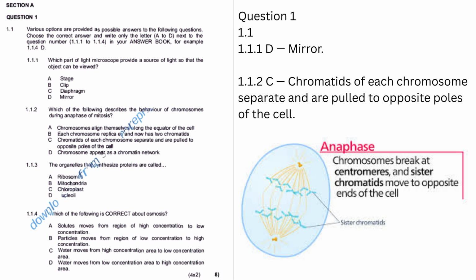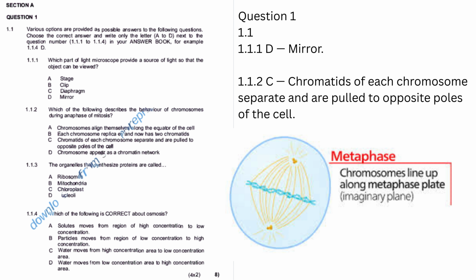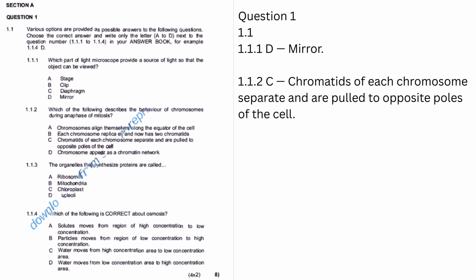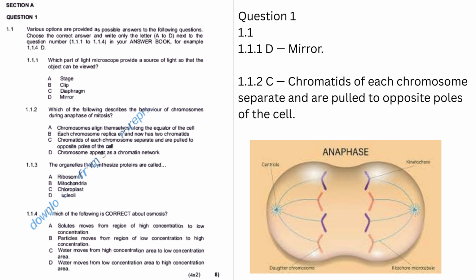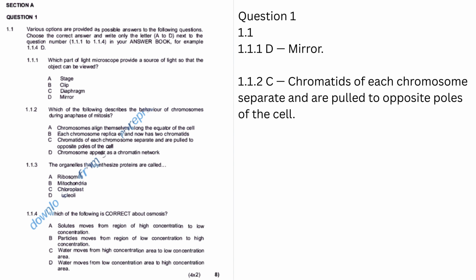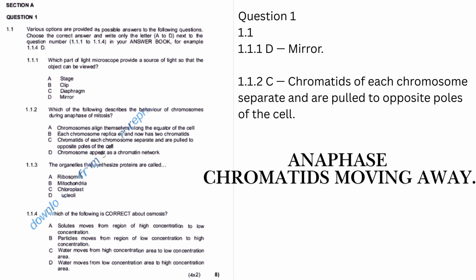In metaphase, the stage before, chromosomes are lined up in the middle, but during anaphase, something important happens. The glue holding the chromatids together breaks, and they get pulled away from each other to the opposite sides of the cell. So if you remember nothing else, remember this. Anaphase equals chromatids moving away.